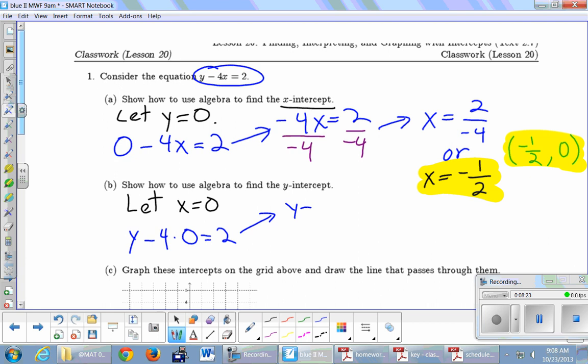So 4 times 0 is just 0. And y minus 0 is just y. So y equals 2.